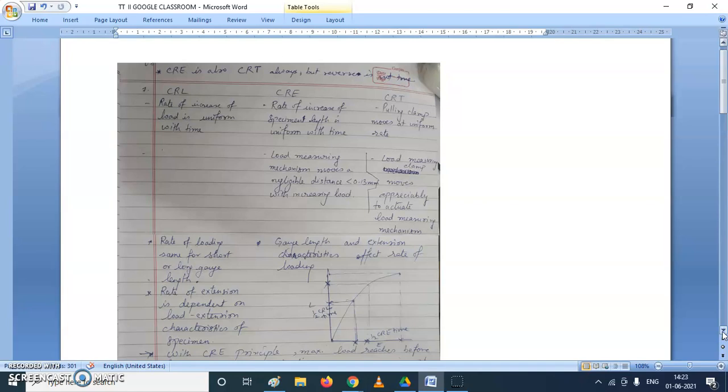One is every CRE instrument is also CRT because constant rate of extension you are producing by moving the lower clamp only. But every CRT instrument is not CRE because if the upper jaw moves appreciably, then that is not considered as a CRE instrument.